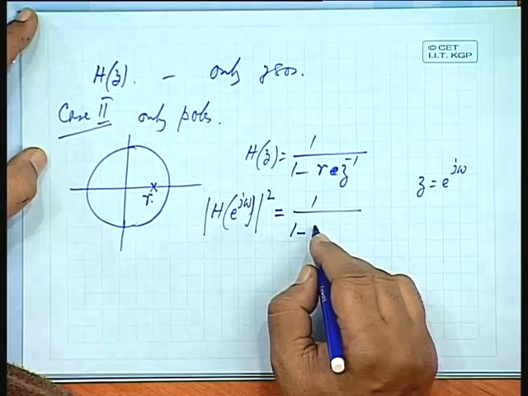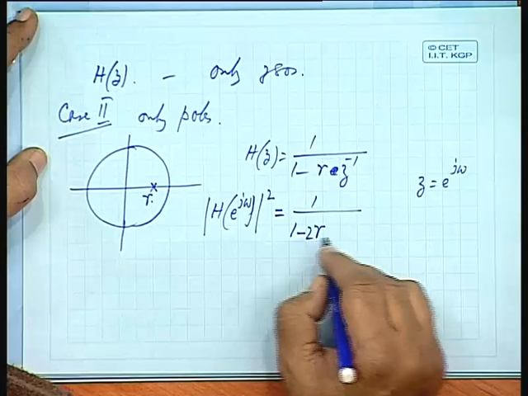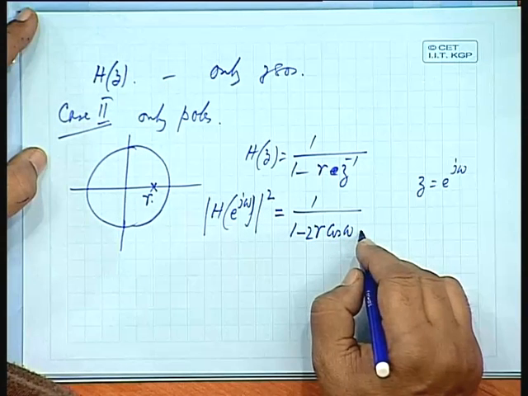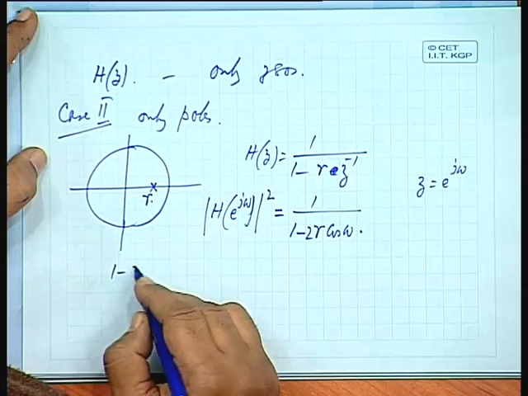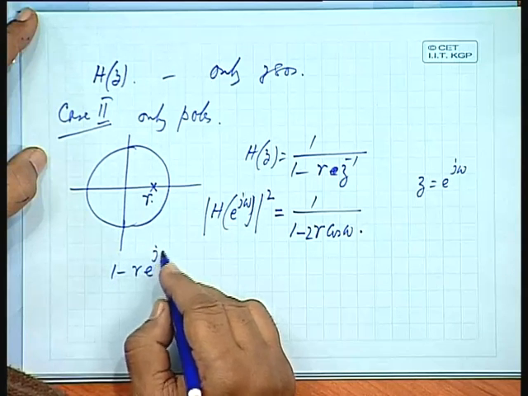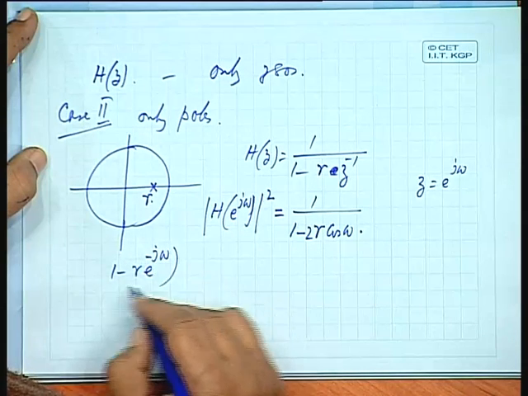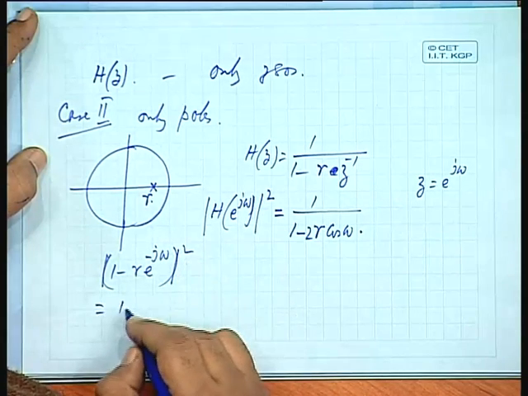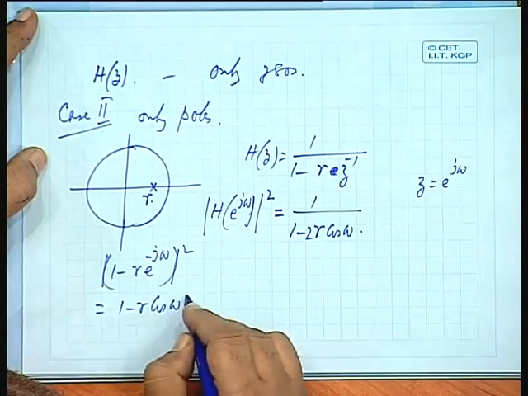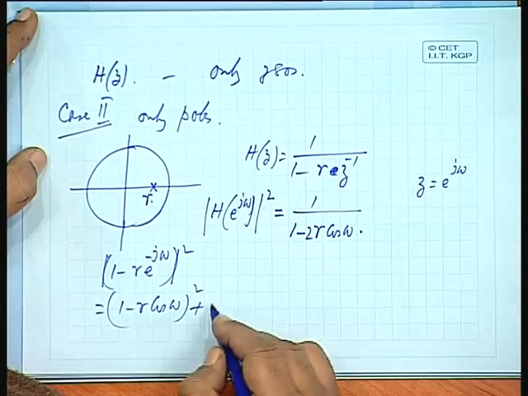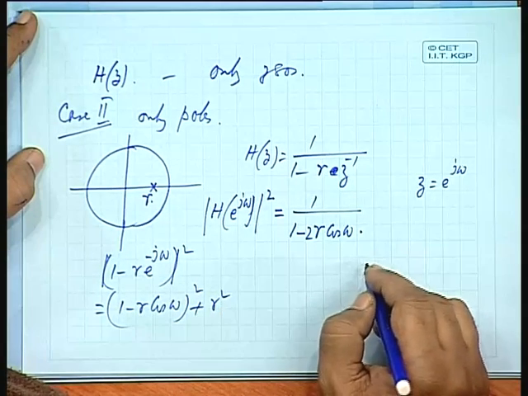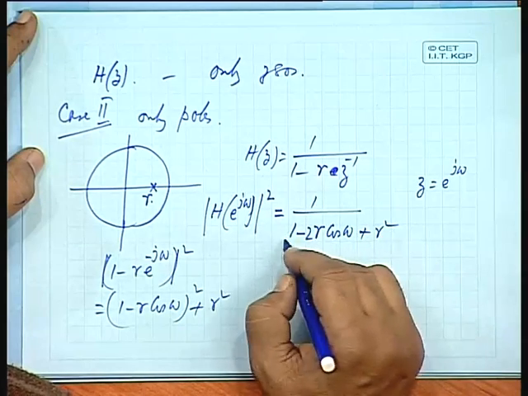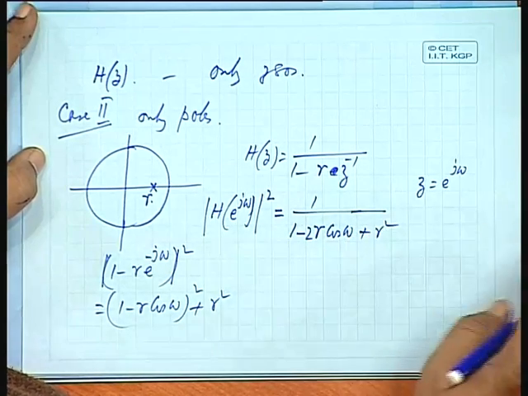So, how much is it? 1 minus r e to the power jω, magnitude squared, is (1 minus r cos ω) whole squared plus r squared sin squared ω, that is 1 minus 2r cos ω plus r squared. The square root of this will give me the H magnitude.